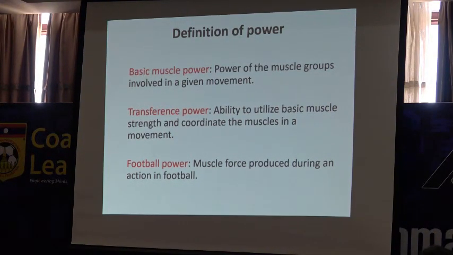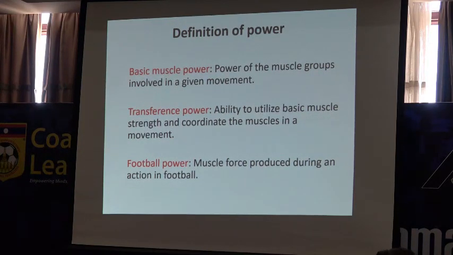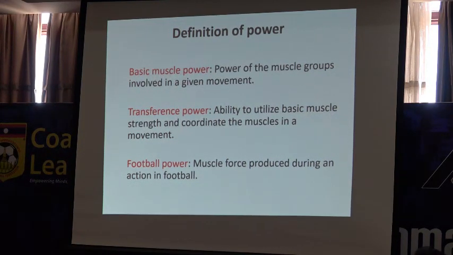This is the generic power of the muscle involved in a given movement, so this would be the general power of the quadriceps or the hamstrings. But then we have what we call transference power. And this is the ability to utilize the basic muscle strength and coordination that the muscle has.